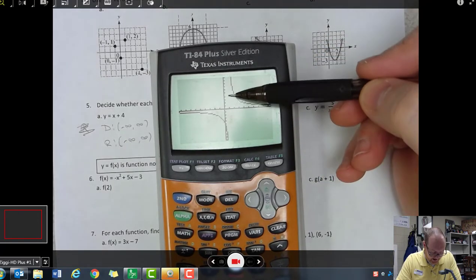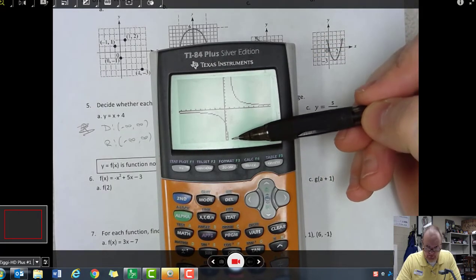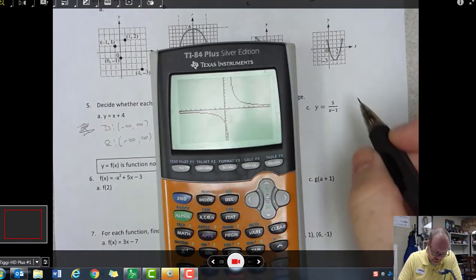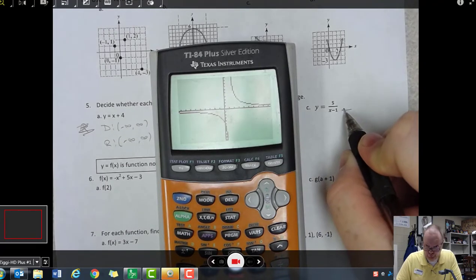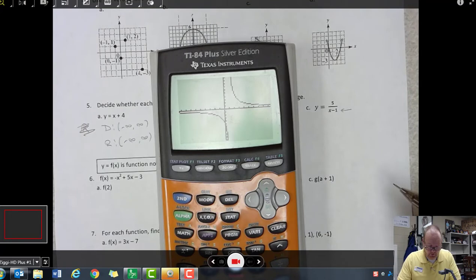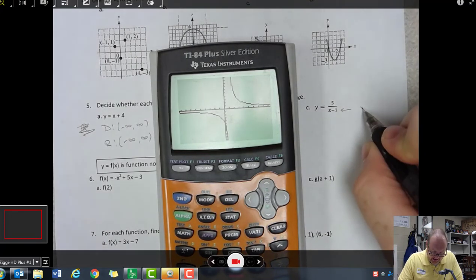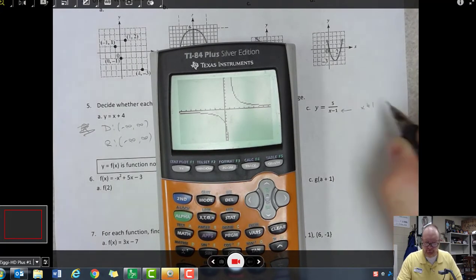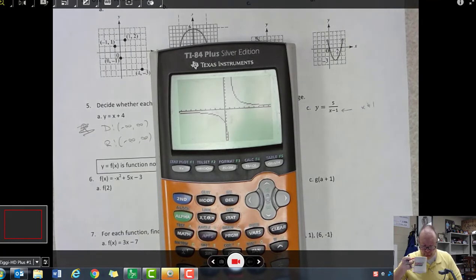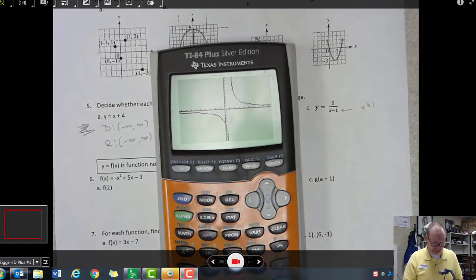It looks like there's a break right here, which is pretty significant because of that restriction from the bottom. Remember, I know that x can never be positive 1. If x is positive 1, I end up with a 0 in the denominator, and we can't have that.